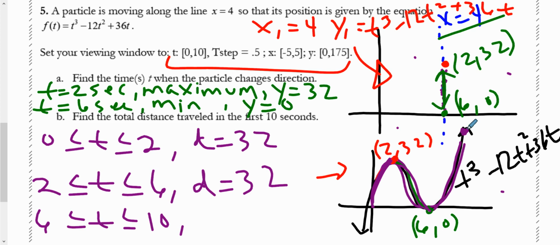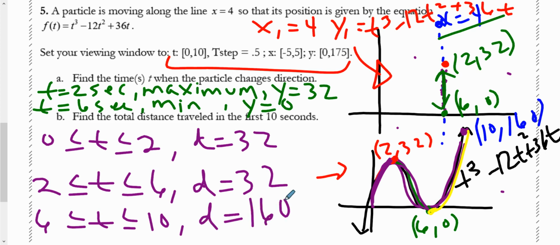Just for the sake of this picture, I can't get it any higher because it'll go off into the other one. When you get the 10, you end up getting 160. Okay, so I'm going to say that the distance there, we're going from this 0 up to 160. Well, that's going to be a distance of 160.